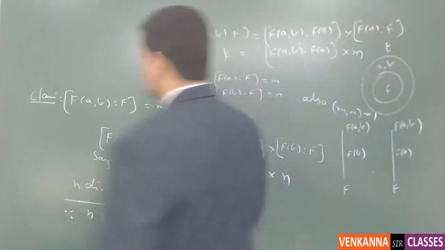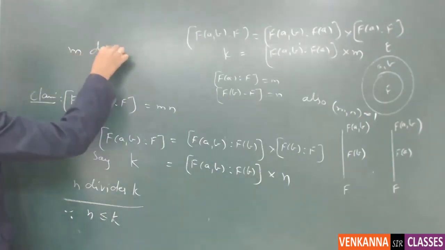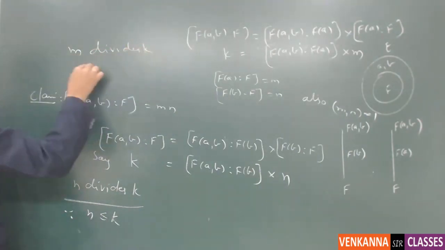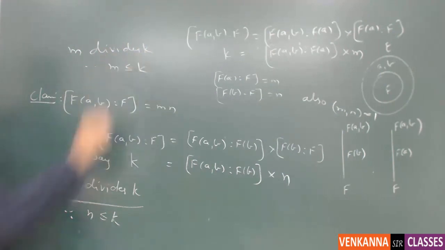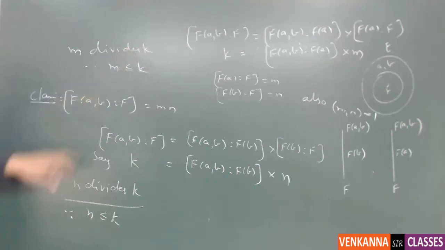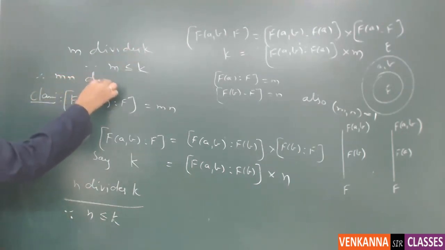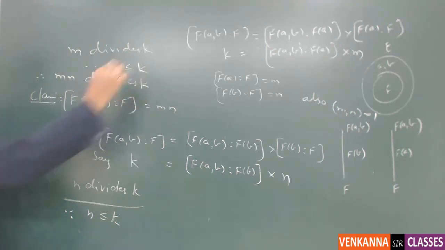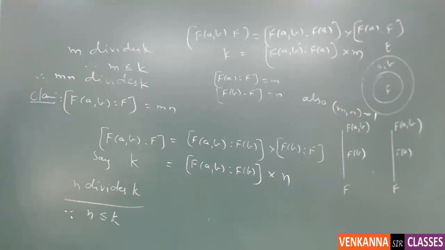Therefore, we can say that m divides k. Therefore, m is less than or equal to k. As we know, m is dividing k and n is dividing k. Therefore, we can say that mn divides k. The product also divides k. So first you take a note of this hierarchy and the result. Mn divides k, that we got actually. Please take a note of that.